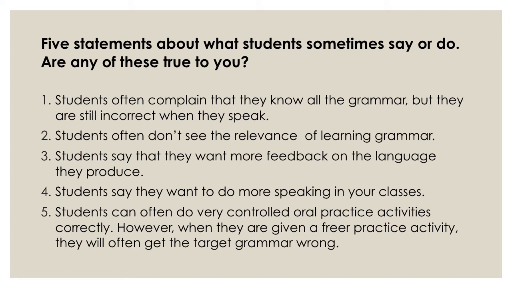Students say they want to do more speaking in your classes. Students can often do very controlled oral practice activities correctly. However, when they are given a freer practice activity, they will often get the target grammar wrong. If you answered yes to any of these statements, then your students really need to learn using the communicative approach in learning grammar.